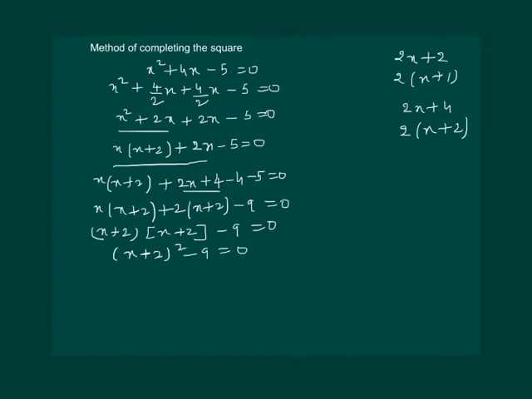And now we can solve this as we have done earlier. This can be written as x plus 2 whole squared equal to 9, and x plus 2 will take values plus 3 and minus 3, which will give us x equal to 1 and x equal to minus 5.